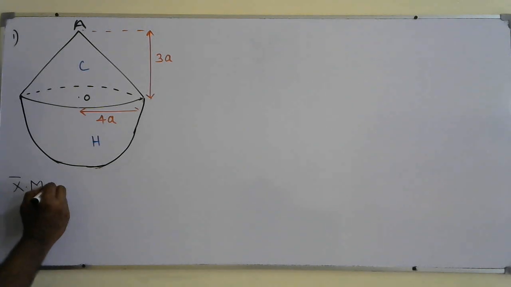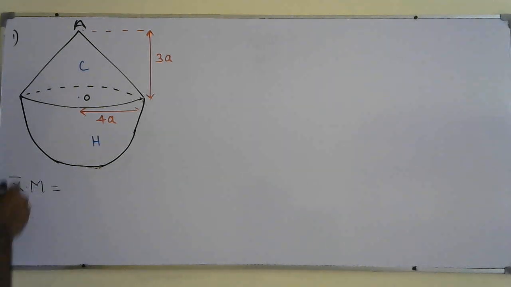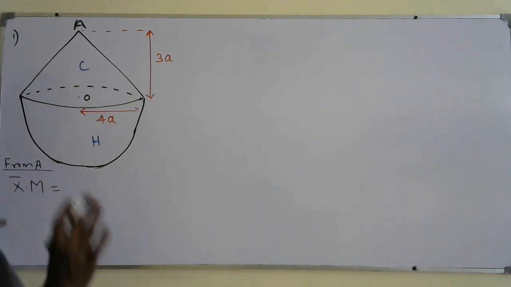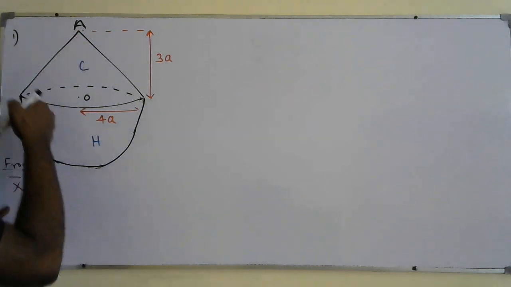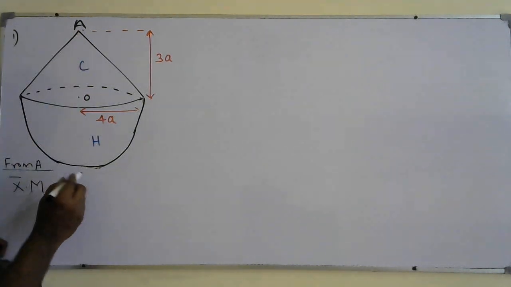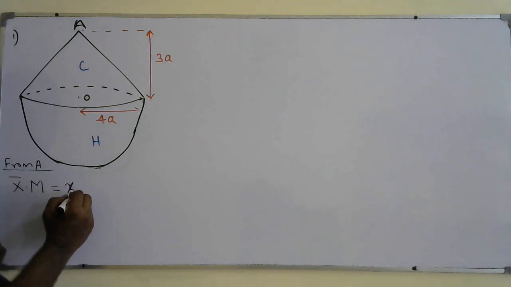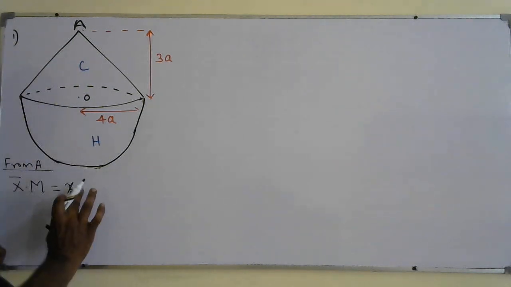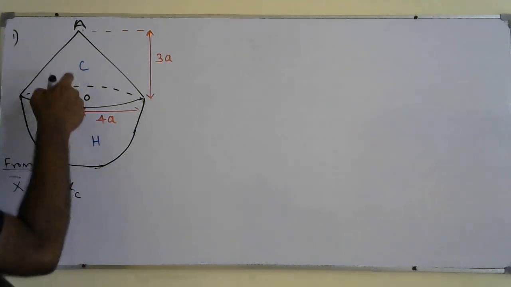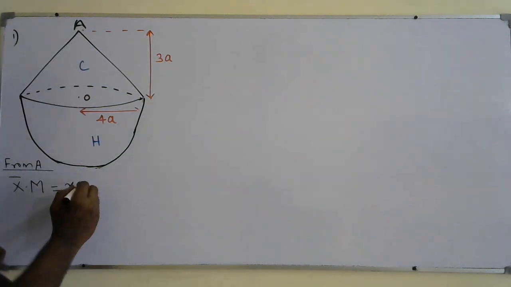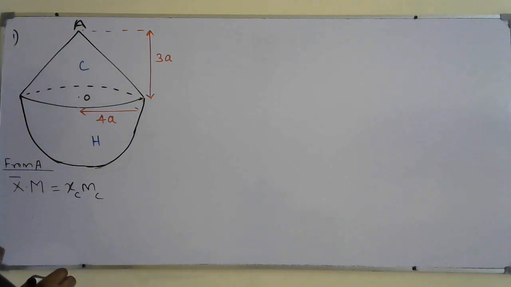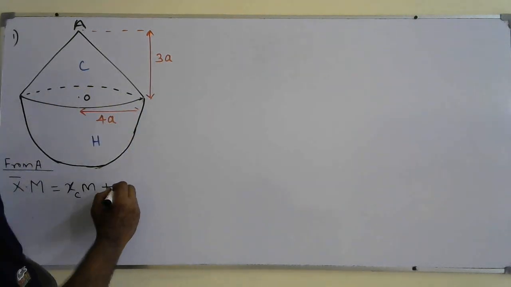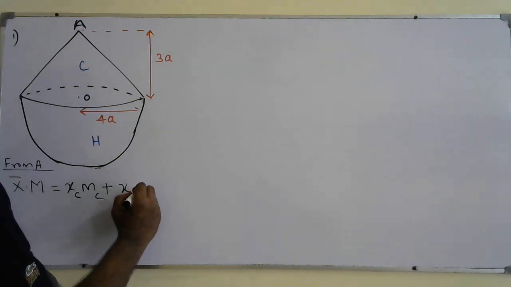I am measuring everything from A, so all distances are measured from A. This is equal to the center of mass of the conical shell from A, XC, times MC, the mass of the conical shell, plus the distance of the center of mass of the hemisphere shell, XH, times mass MH.